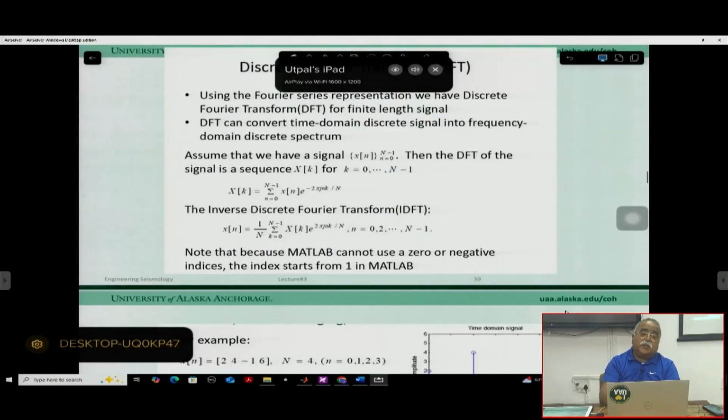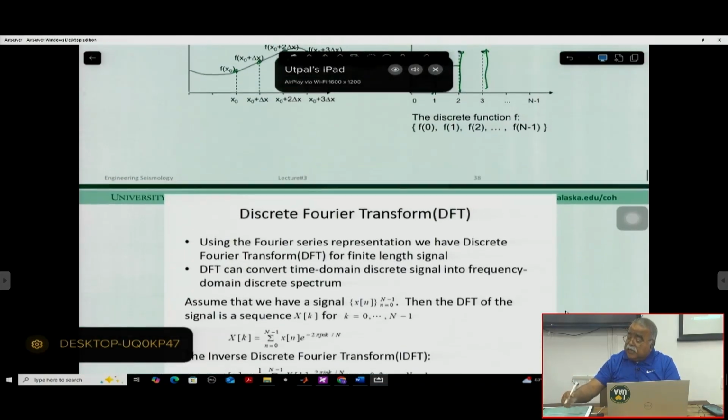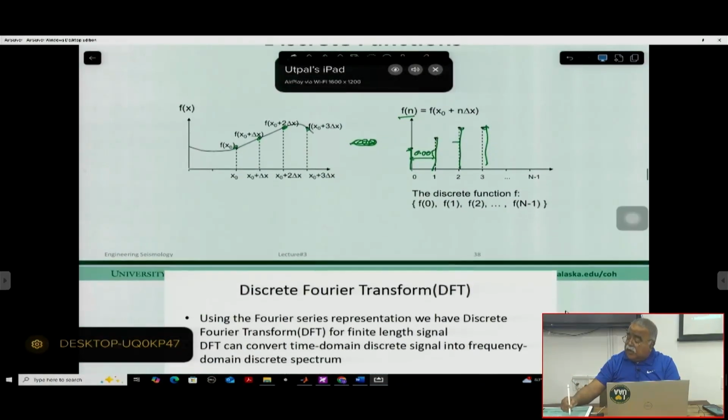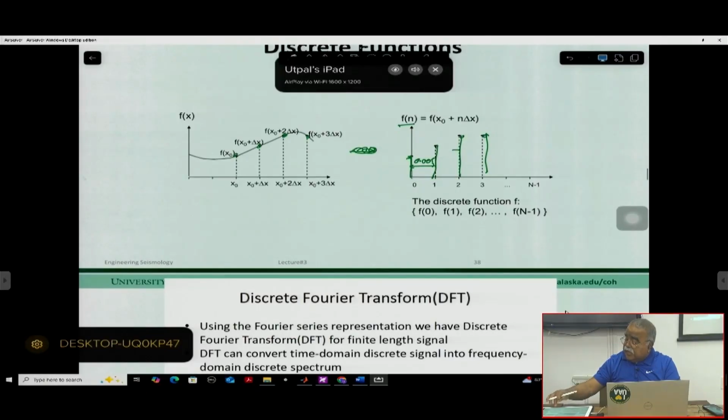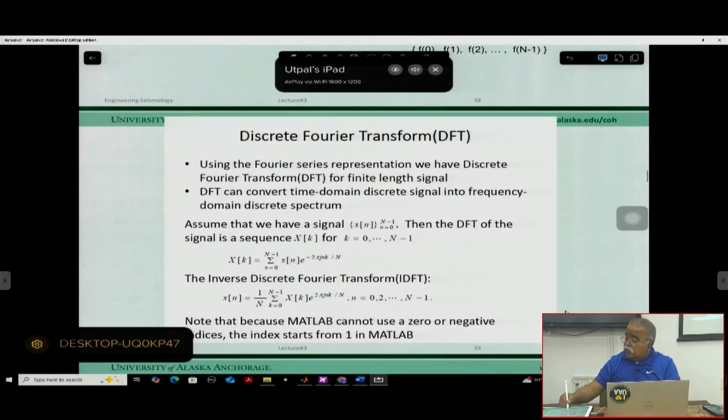So we express the time domain signal, which is in this form, as a discrete function xn. So xn goes from 0 to N minus 1, because there are N number of samples.